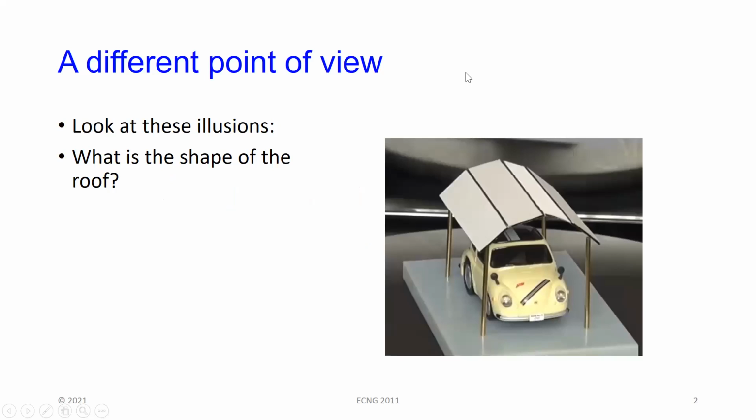So if you were to look at this vehicle, a little toy vehicle here in a garage, as it is right now you would assume the roof is a fairly conventional convex roof. It has a curve to it, and you have 4 pillars holding it up.